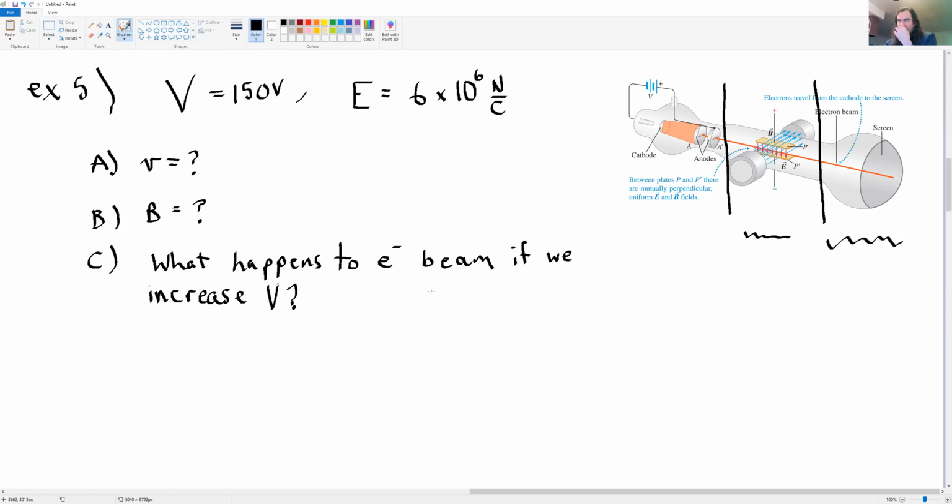Okay, so there's the setup. I guess you guys can work on this one individually here. If you want to, you can put the formulas in the chat, remind ourselves, write the formula down, it helps you commit it to memory.